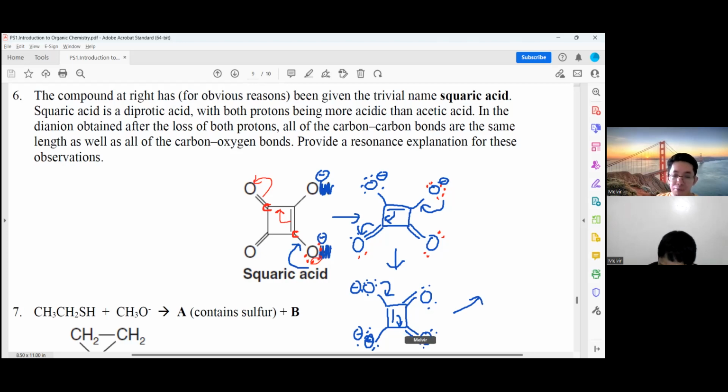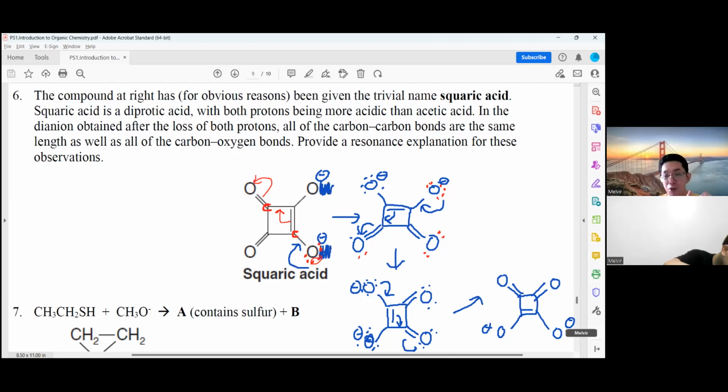Okay. So, ngayon, pag ganyan, sobra naman yung carbon na nasa baba mo. Tama? So, kailangan niyang i-give up. So that carbon will be 5 bonds already. So what bond will be broken? Ayun. And then what will be the final? Okay? O minus, O minus. Ayan, o di ba?